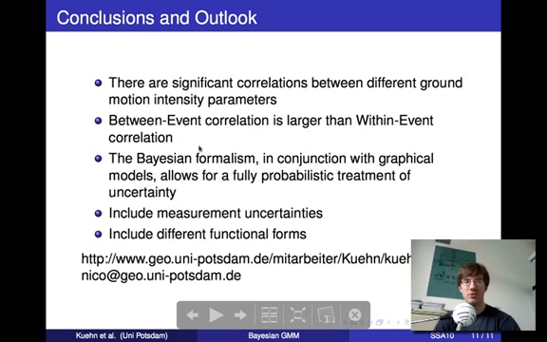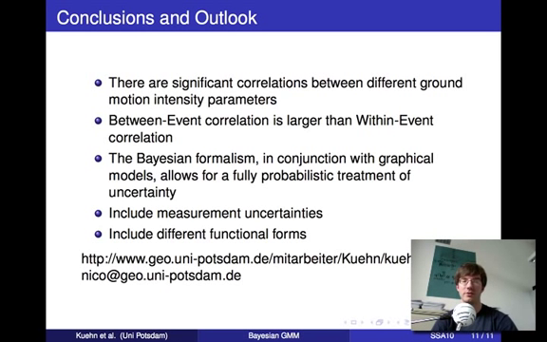What we plan to do is also to include measurement uncertainties on the predictor variables, and also to include different functional forms. We can also directly calculate weights on functional forms using graphical models.